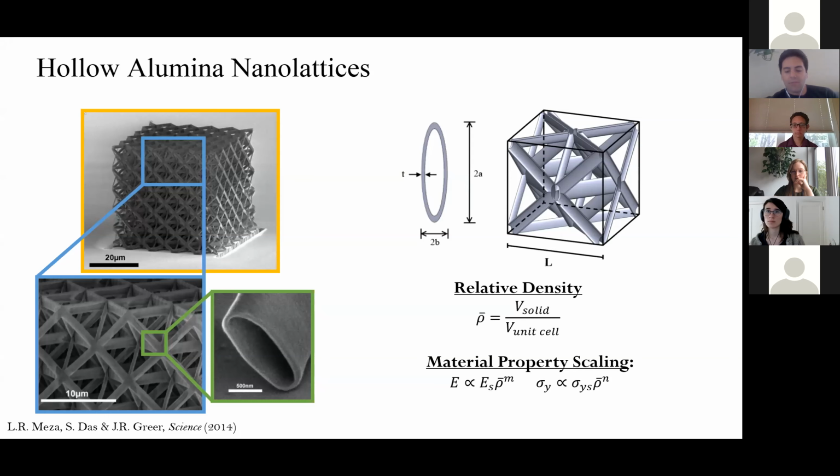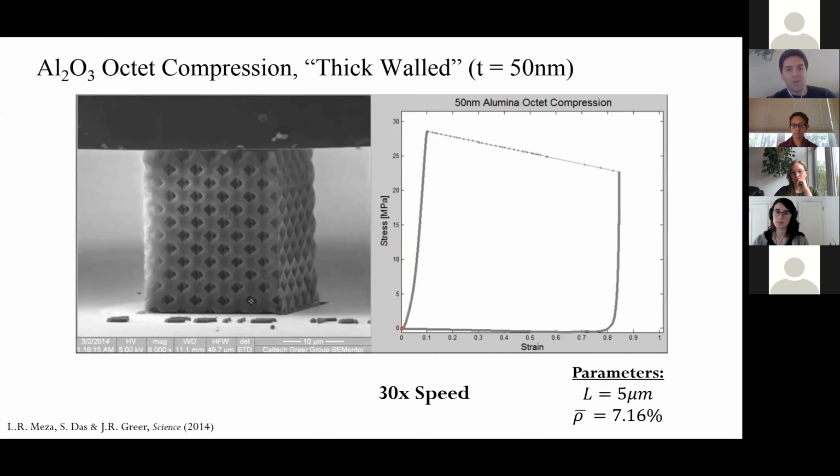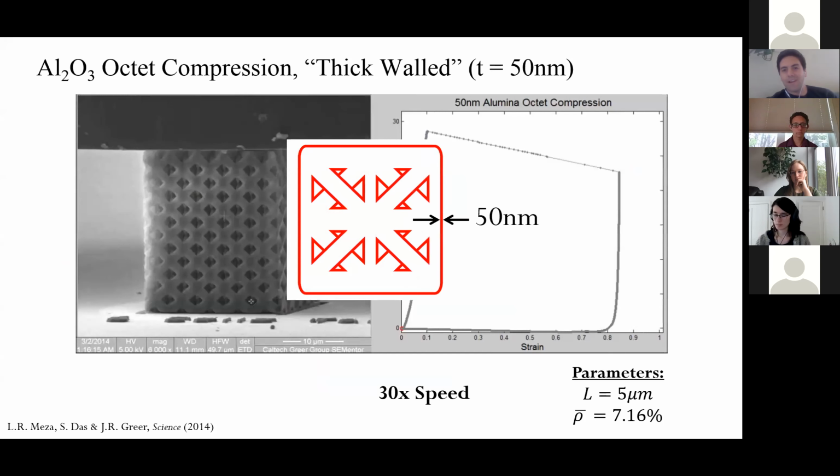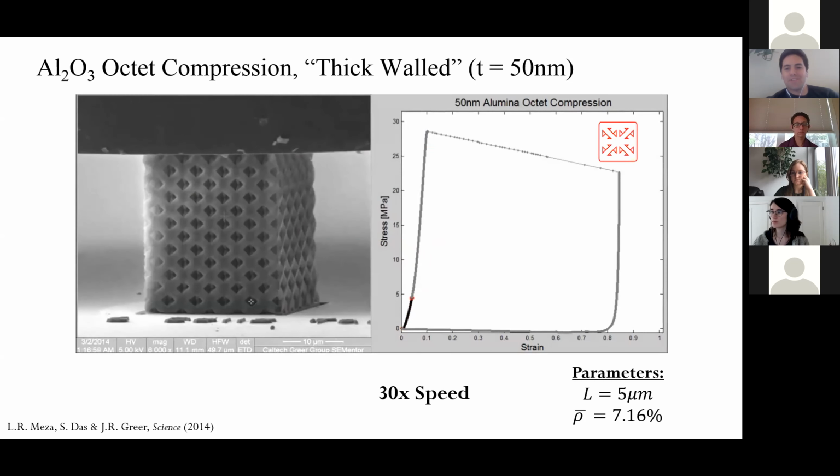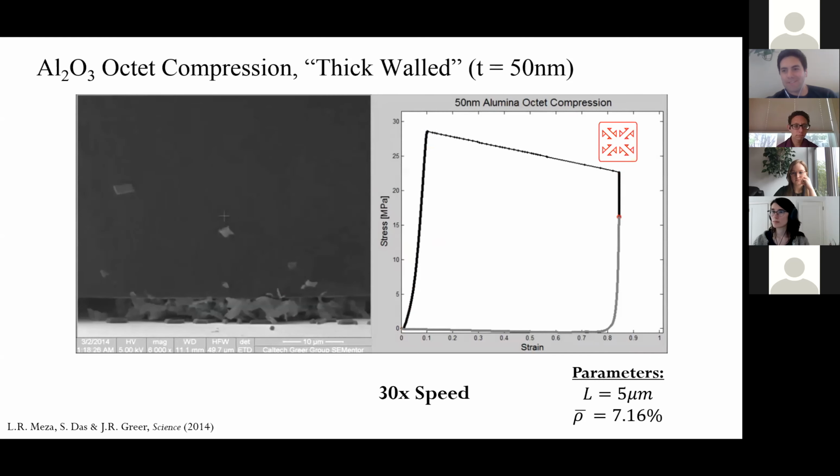We had originally made these out of ceramics. So this is ALD alumina, so aluminum oxide, which is generally fairly strong, fairly lightweight, but it's brittle. So when we tested these out, I'm going to show you a test on a 50 nanometer thick structure, which is our thick walled structure. So this is relatively thick for us. And when you test it in compression, it behaves kind of like you would expect a ceramic to.